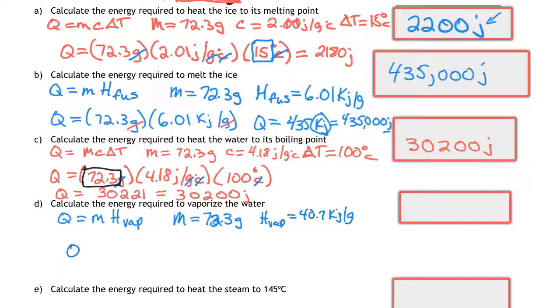Plug it in my formula. Cross off my units. I'm left with kilojoule.